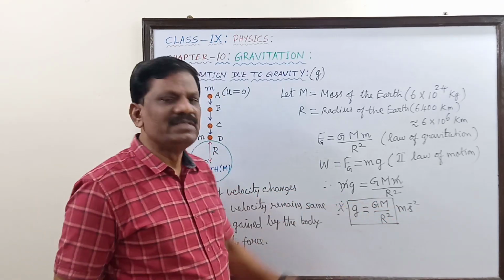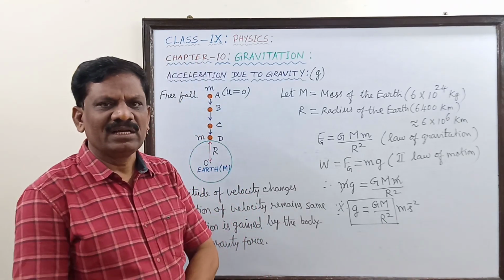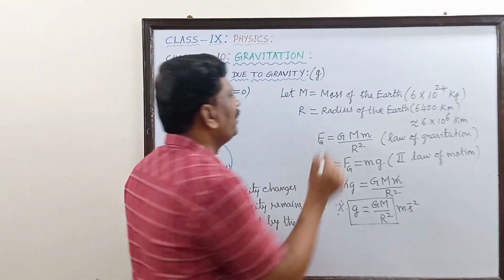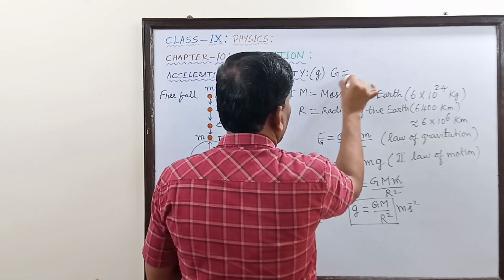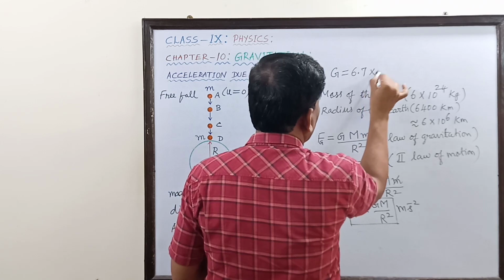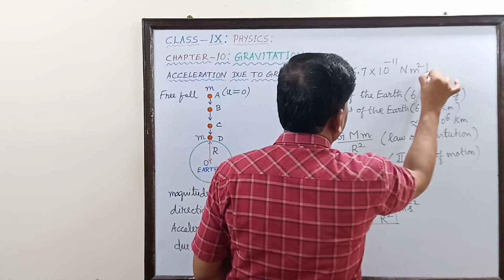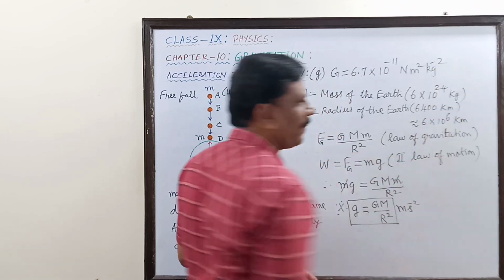And what is capital G? Capital G is the universal gravitational constant. The value of capital G we already know is 6.7 into 10 to the power of minus 11 Newton meter square per kilogram square.